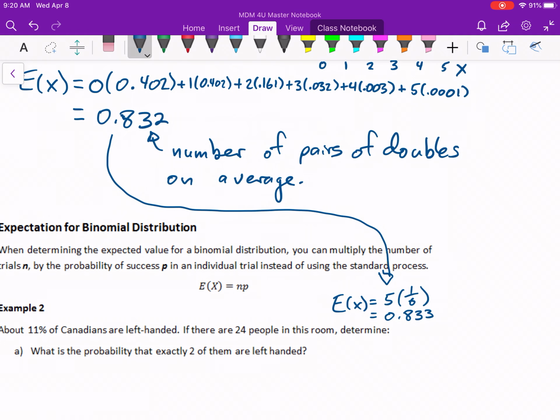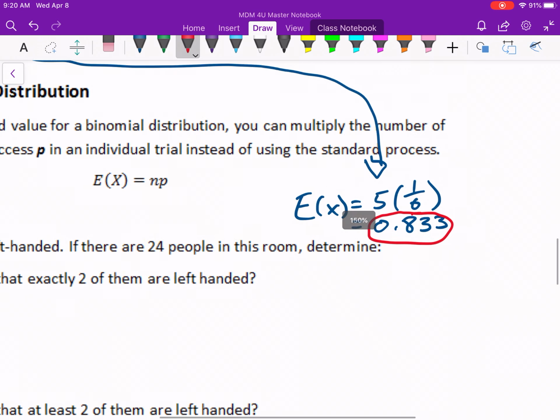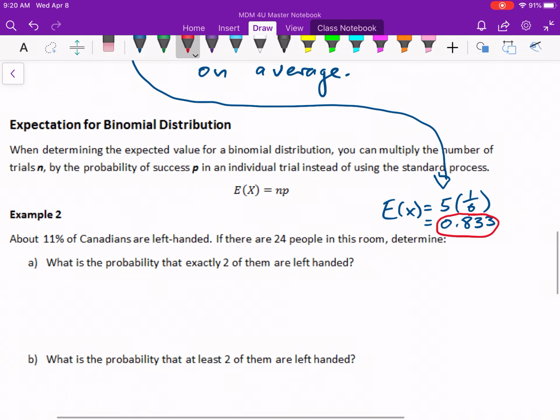Compare that to what we had above, it's the same, right? So the expected value is exactly the same, well, within rounding error. So we can see that our shortcut is fine, it's going to work. Okay, so now we have a nice, easy way to get the expected value for a binomial distribution.